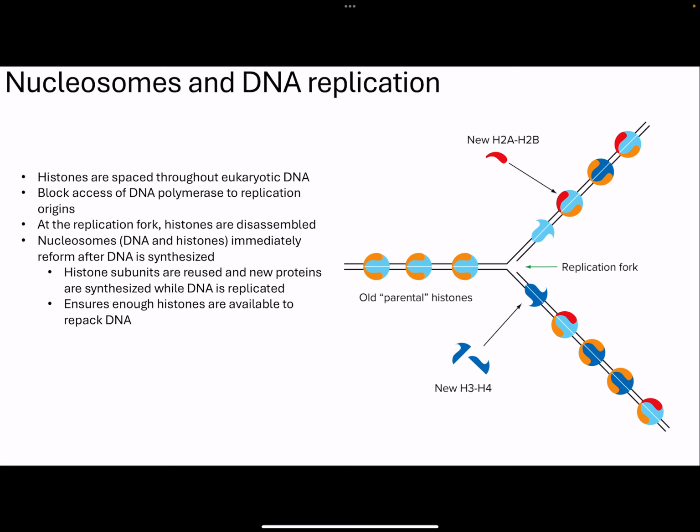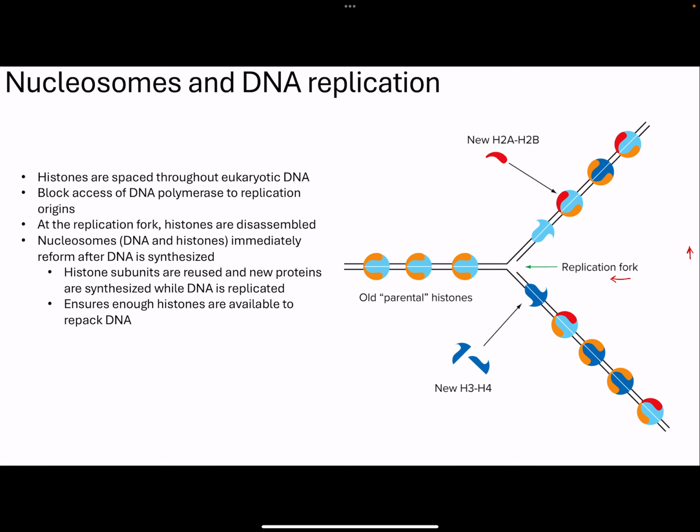So, as these Okazaki fragments are being formed, and also as the leading strand is being synthesized, we have to do something about nucleosomes in order to allow DNA replication proteins to make their way up and down the template strands. So in this picture, we have our replication fork again. So we've rotated it. So instead of going up the screen like we've been looking at in the previous diagrams, now we're going to the left.